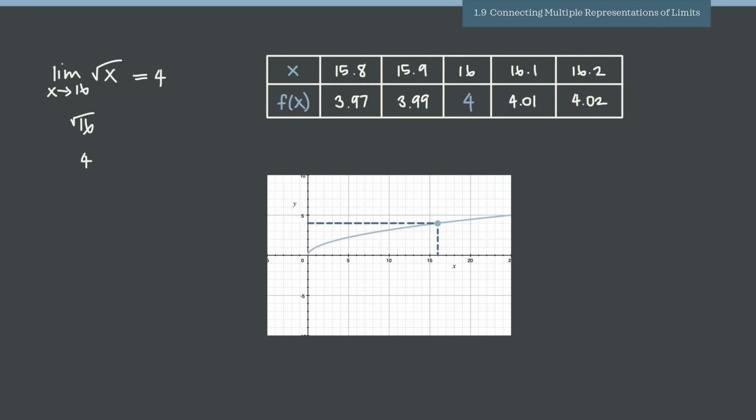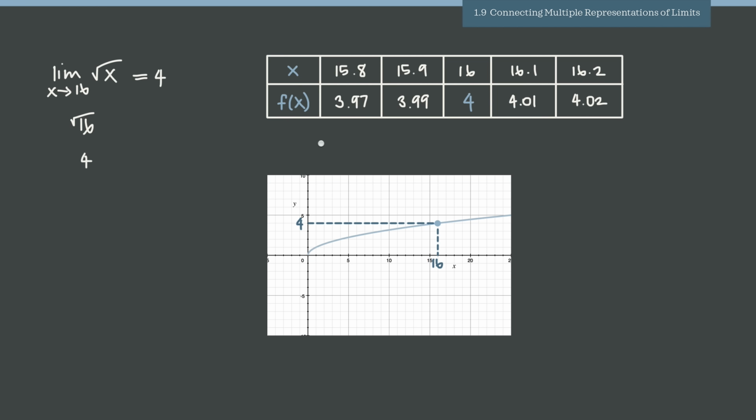So if we have instead here a sketch of the function y equals square root x, like we do here, we want to be able to graphically identify this point here at x equals 16, go up to the point where that meets the graph, and then over to the y-axis and see that the value there is 4, and then translate that relationship to say that as x approaches 16, the limit of the function is 4.